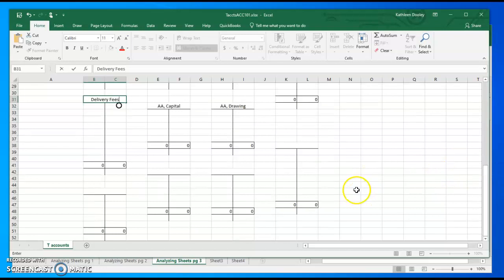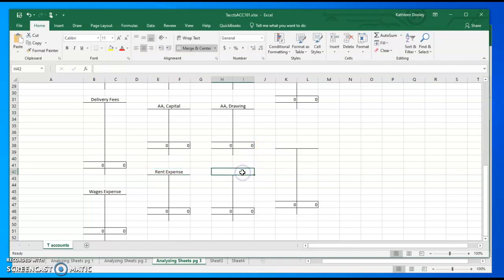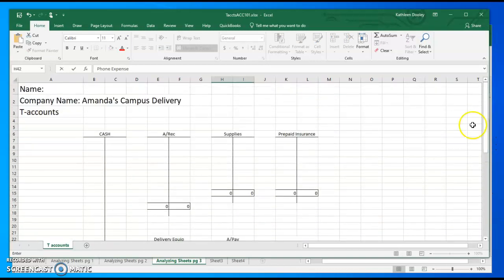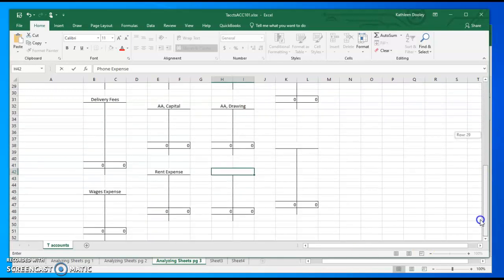So we have wages expense, rent expense, phone expense. Now we have a T account for each and every account in the chart of accounts, and they're roughly in a semblance of order.